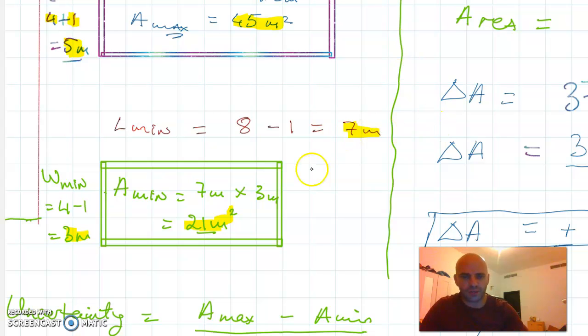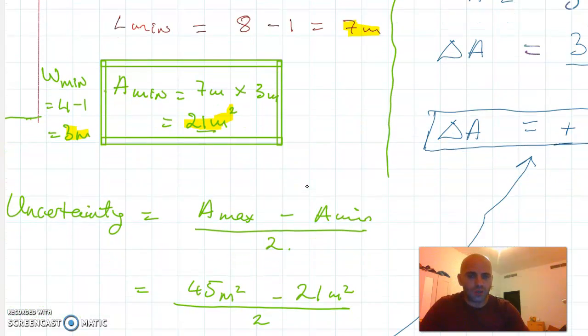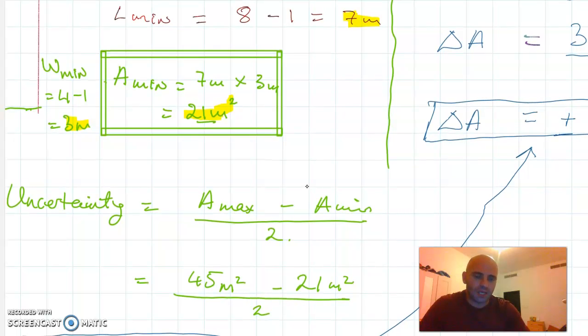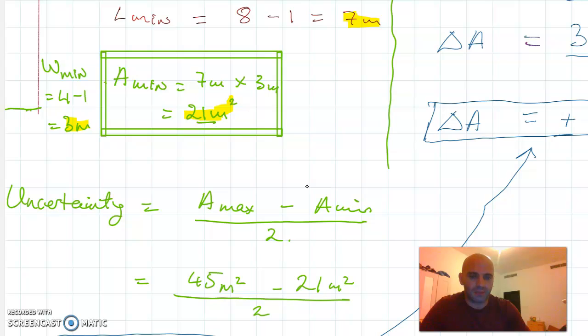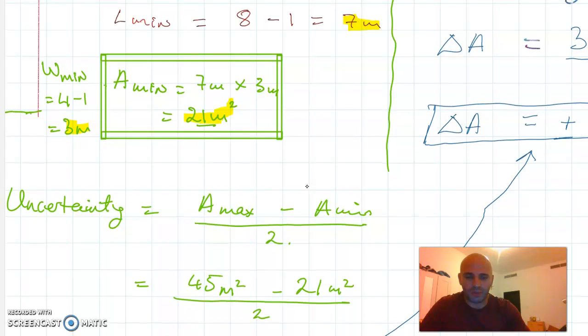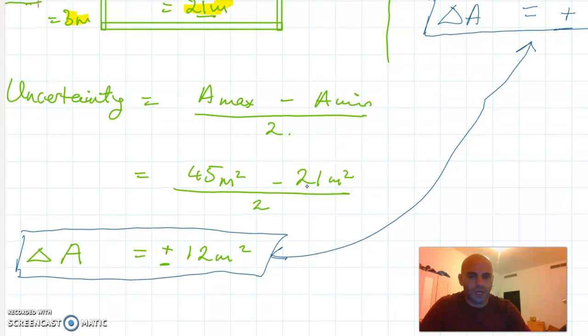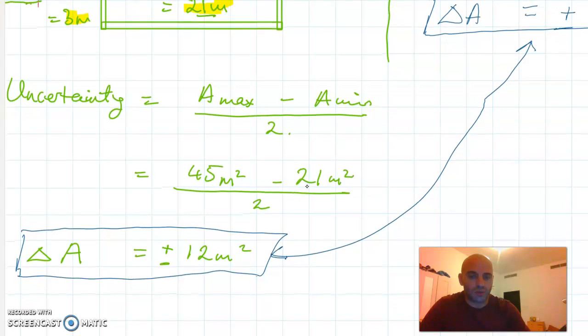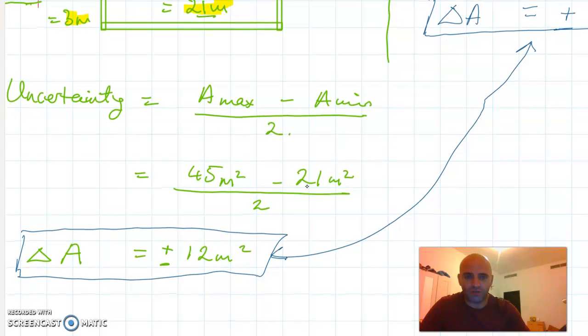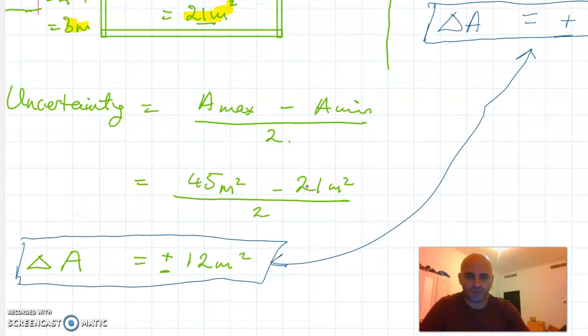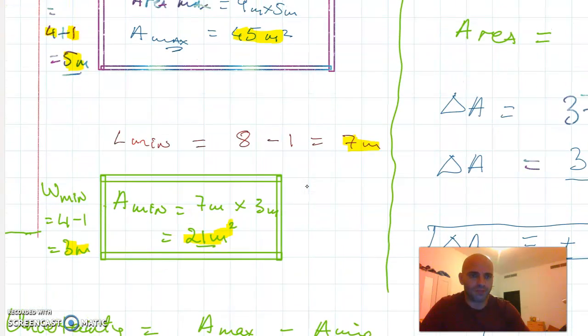If you think about uncertainty as the maximum area minus the minimum area, split the difference and divided by 2, then you have 45 meters squared minus 21, which gives 24, divided by 2 is 12. So the uncertainty is plus or minus 12 meters squared.